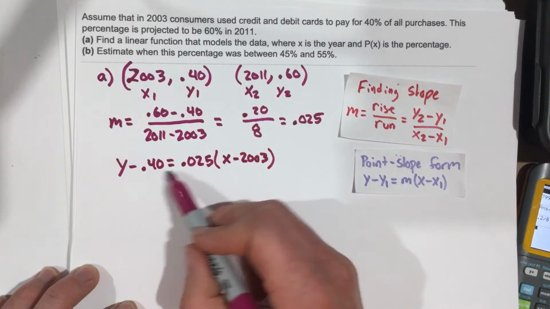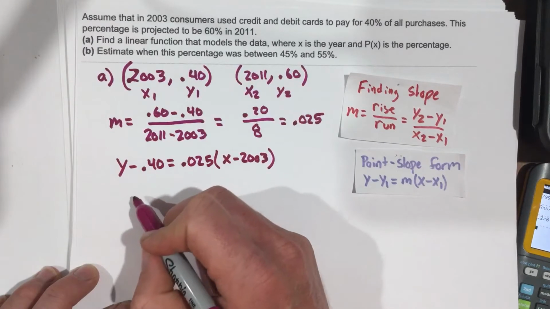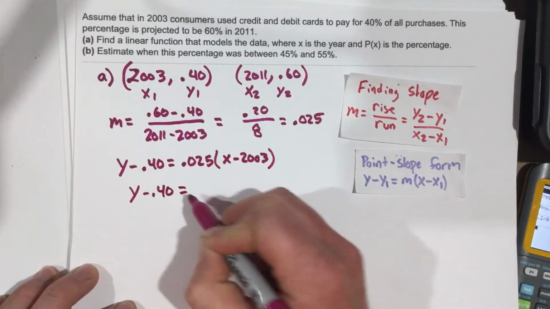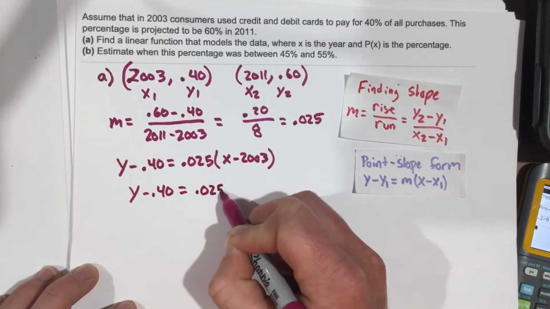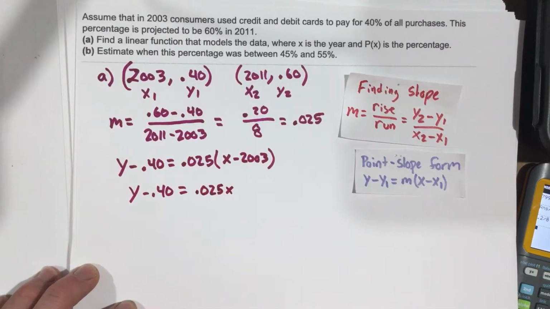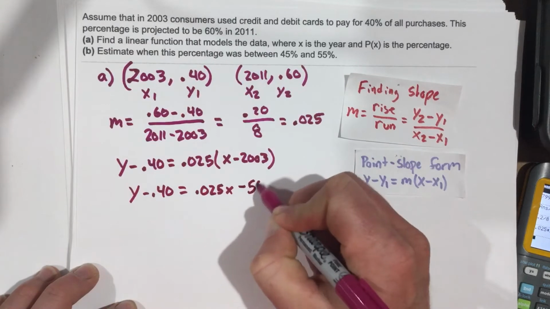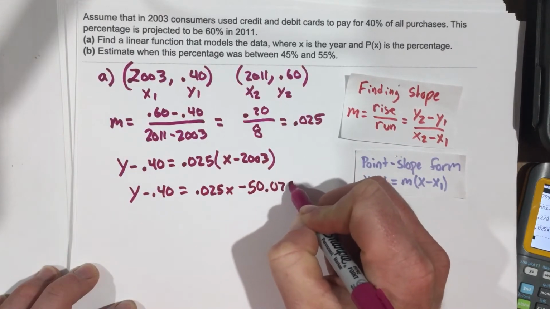Let's go ahead and distribute that. I think that makes sense. So we're going to get y minus 0.40 equals 0.025x. We're going to take 0.025 times 2003. That's 50 so minus 50.075.